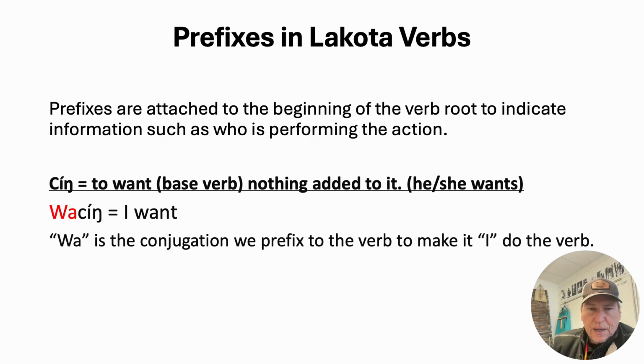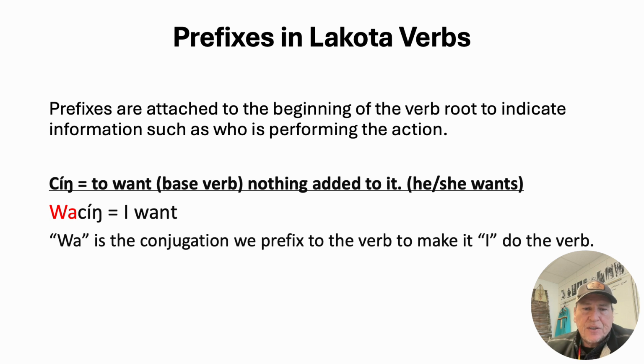Okay, so let's look at how this works. When we prefix a conjugation, and remember the conjugations are I, you, we, all of you, they, in this case we're going to be prefixing how to say I into a Lakota verb.